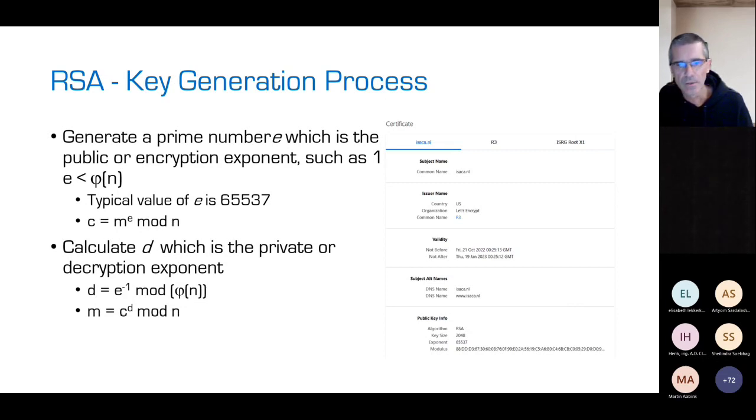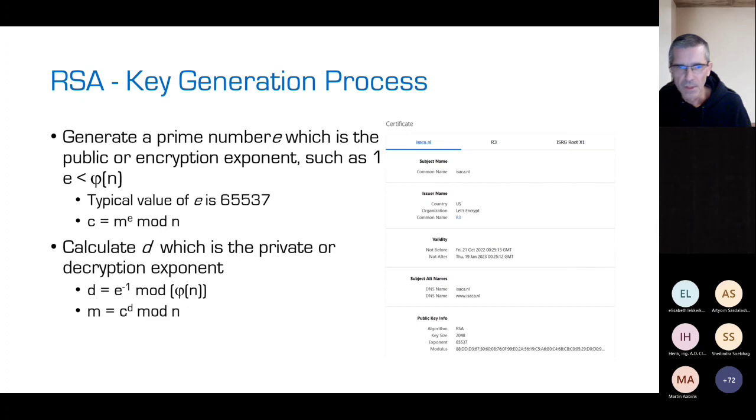And on the right side of the slide, you can see more details about the certificate from Isaka.nl. Here at the bottom of the slide, the algorithm used for the keys is RSA. We have a key size of 2048. This is my modulus, meaning that each prime number will have a bit size of 1024 bits.